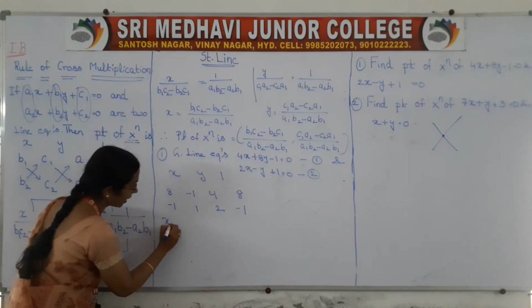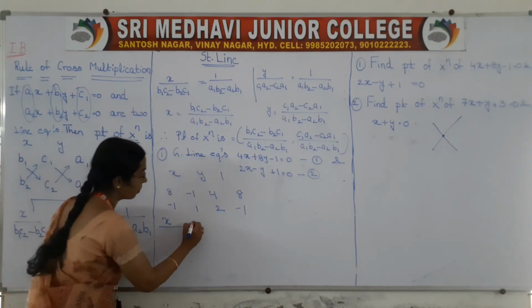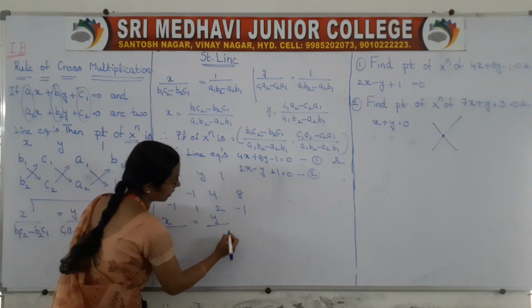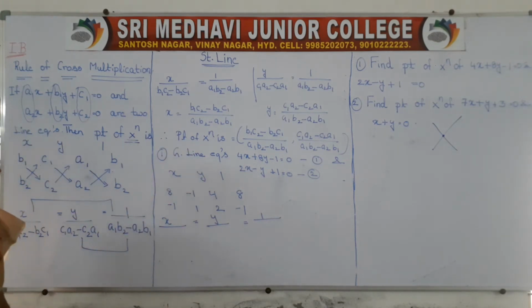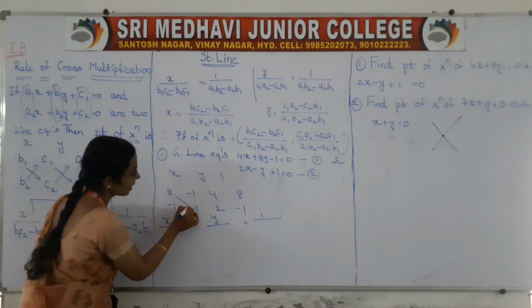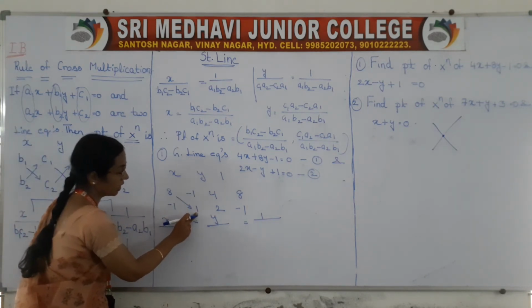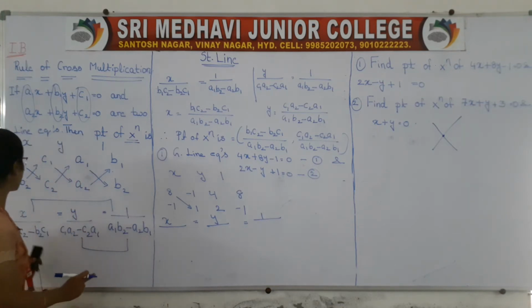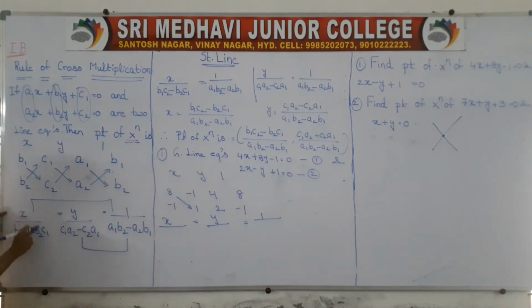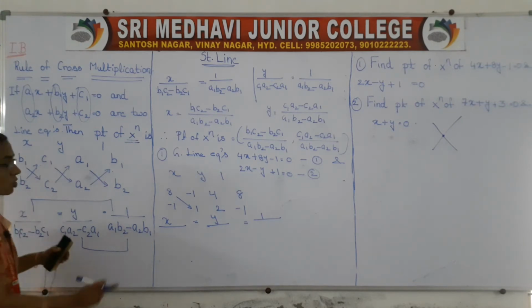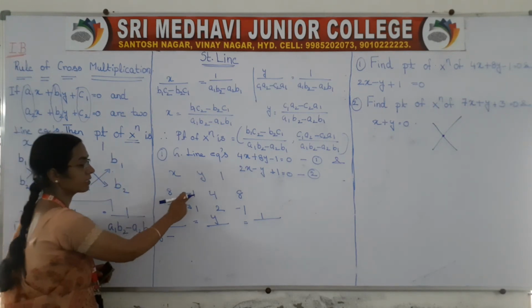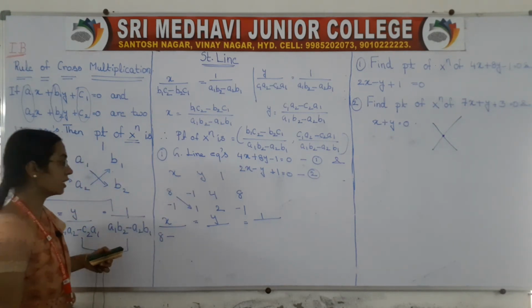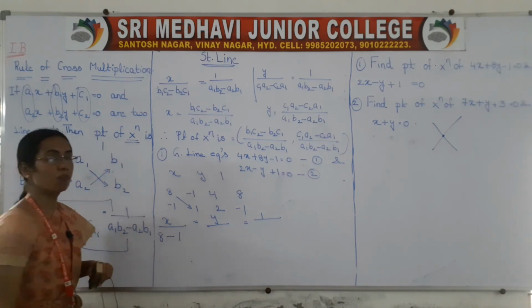Now we have to take x divided by, is equal to y divided by, is equal to 1 divided by. So what is the procedure? For x, we have to take this into this minus this into this. So 8 into 1, 8, minus this into this, minus 1 into minus 1 is 1.